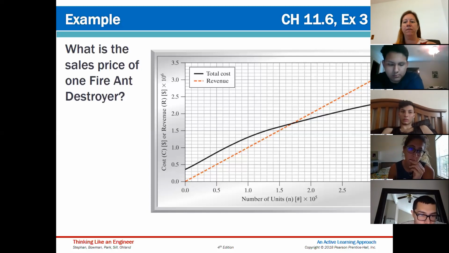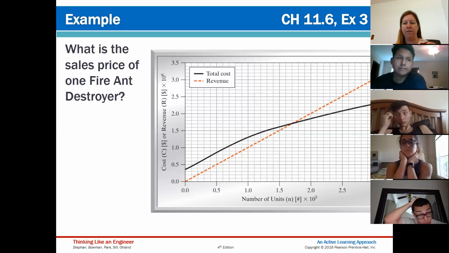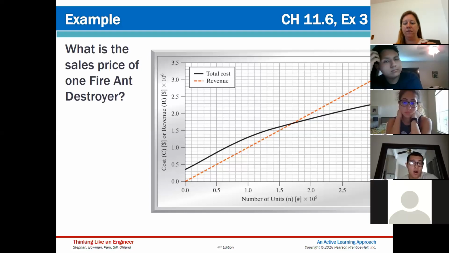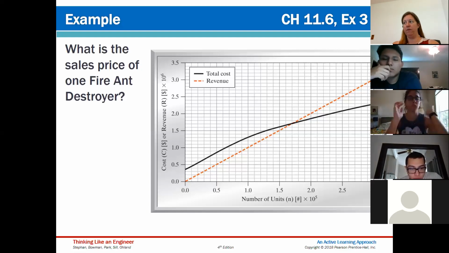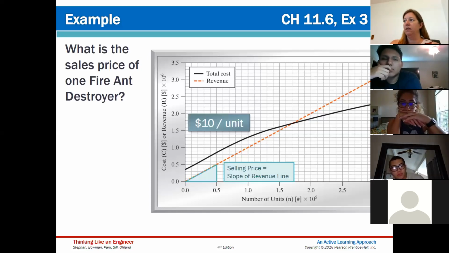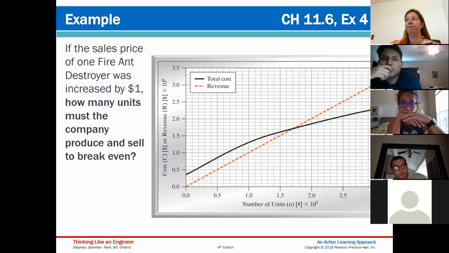Dollars. So dollars in the millions, right? And then what is our abscissa axis? Number of units. So we're looking at $10 per unit is what our sales price is of our fire ant destroyer.